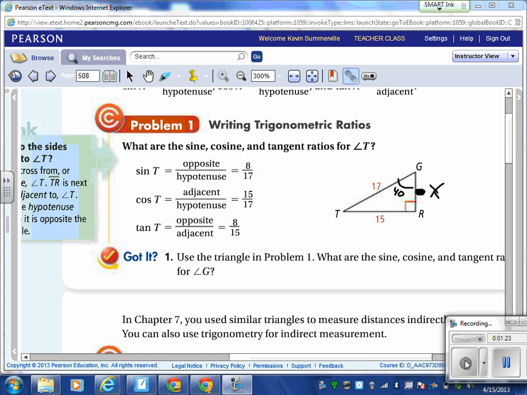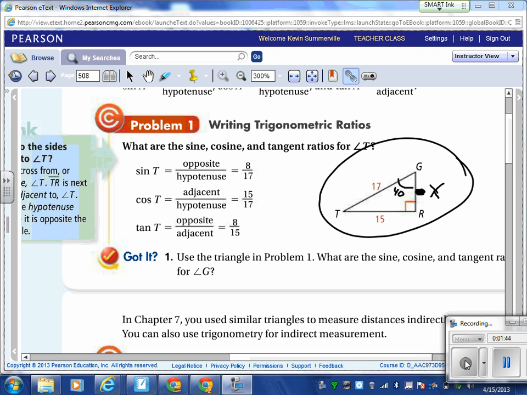Just had to show you a problem here that we were going over in class. If you're given a triangle that looks like this, we changed the numbers around for you, and you're given an angle of 40, and you have an x and 17. We have to look at which ratio we're going to use to solve this problem.